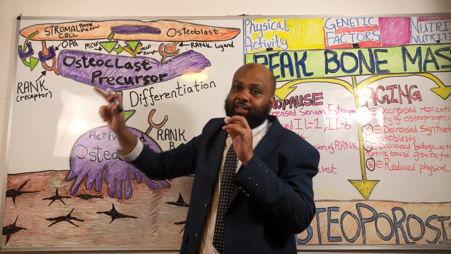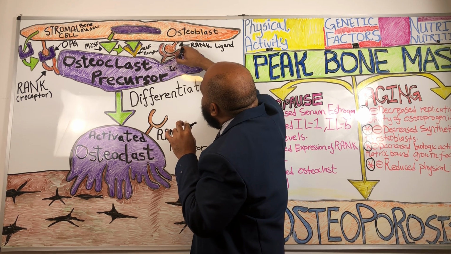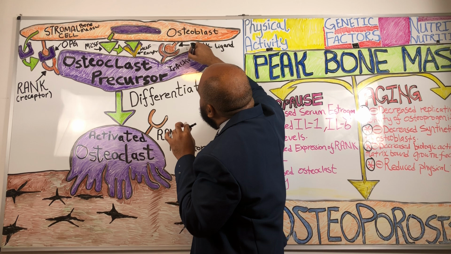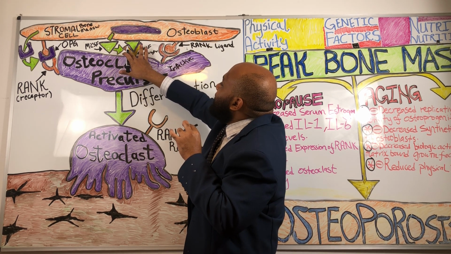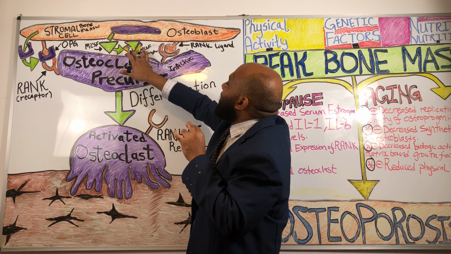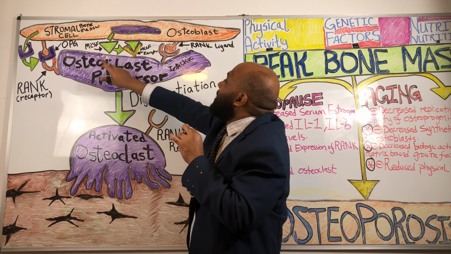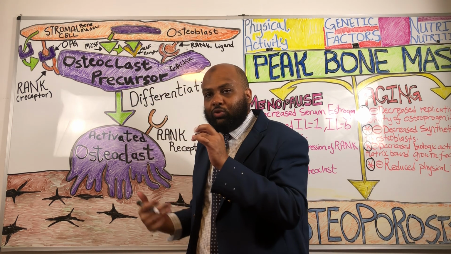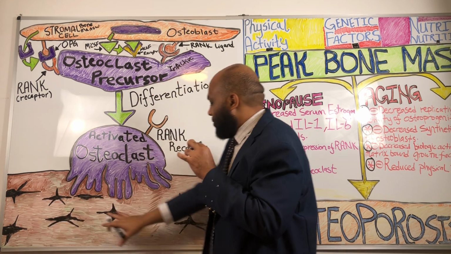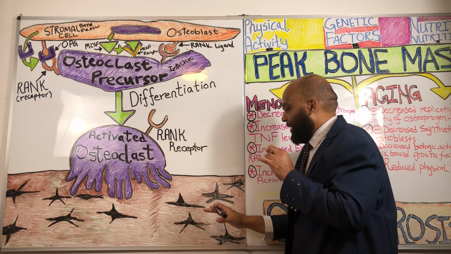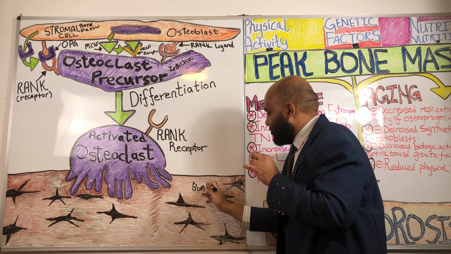That's the precursor cell, an inactive osteoclast. The precursor cell has the receptor for the monocyte colony stimulating factor that comes from the stromal cell of the bone marrow. Whenever we want to activate this osteoclast to degrade the bone, here in brown and black is our bone tissue.